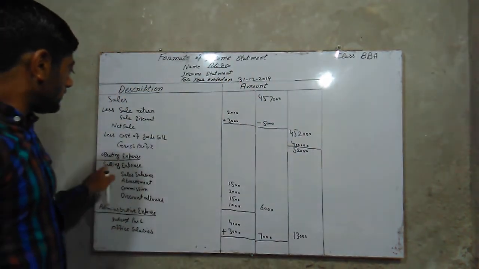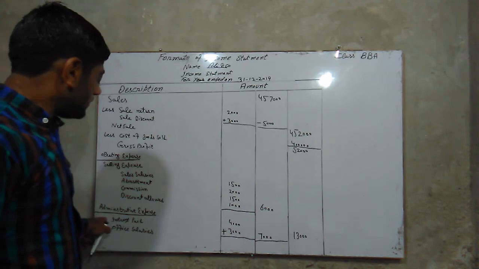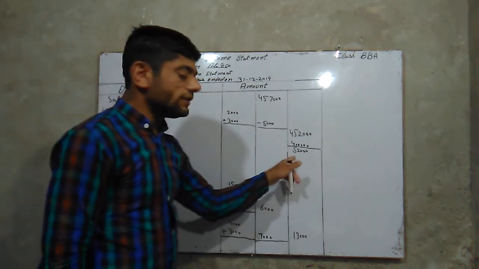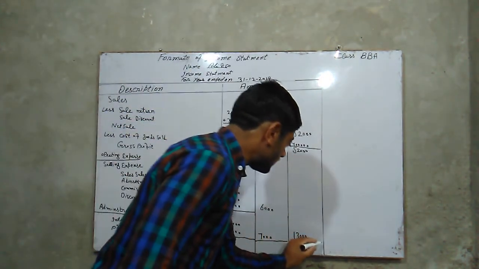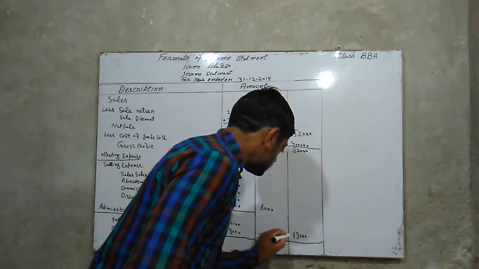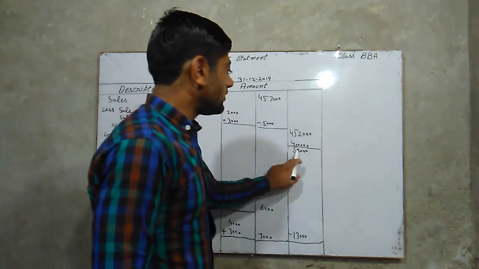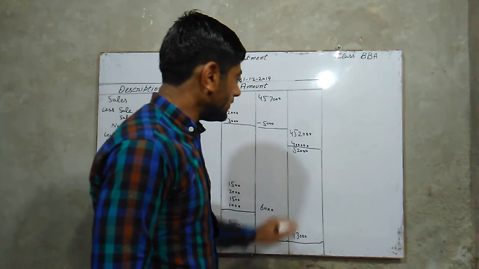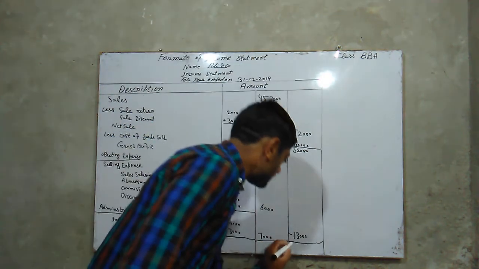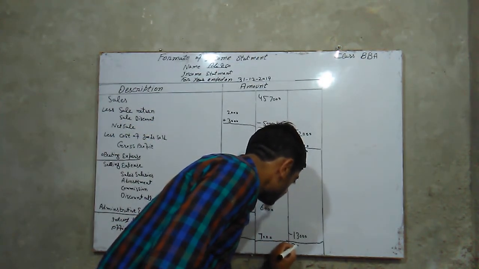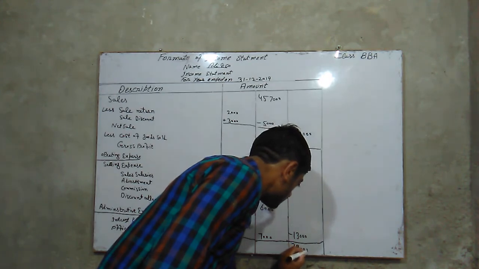So our selling and administrative expenses are less than gross profit. So we subtract operating expense from gross profit. Our remaining amount is 39,000.